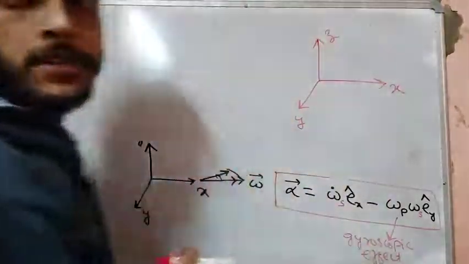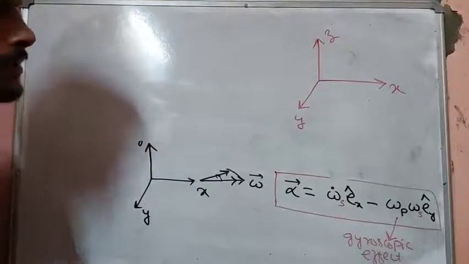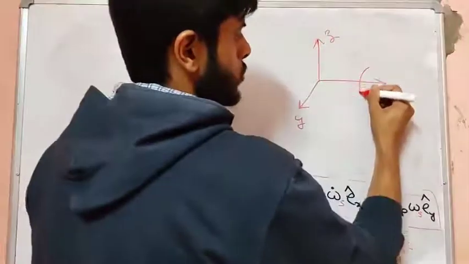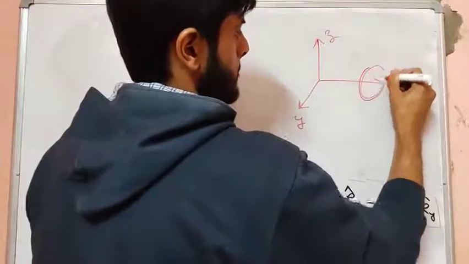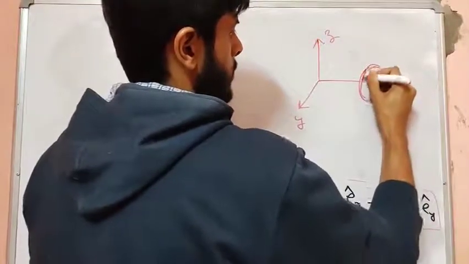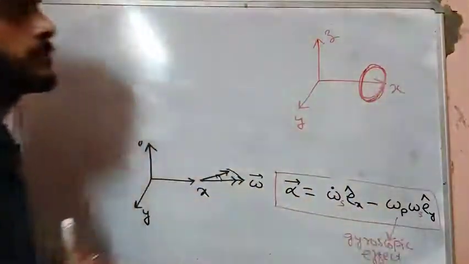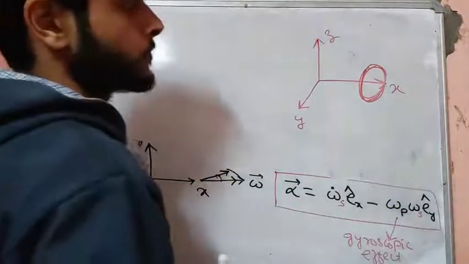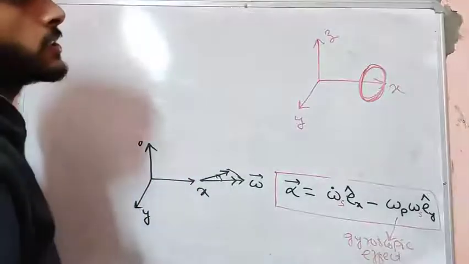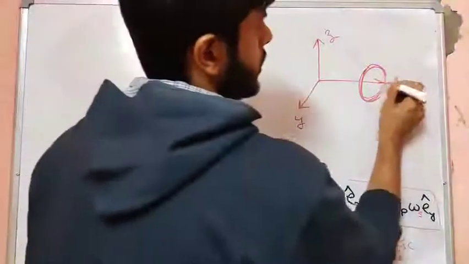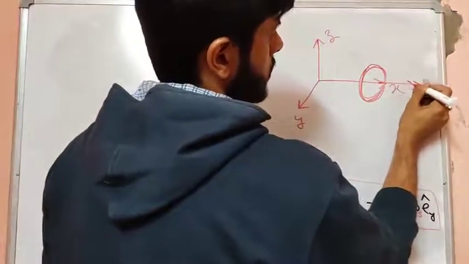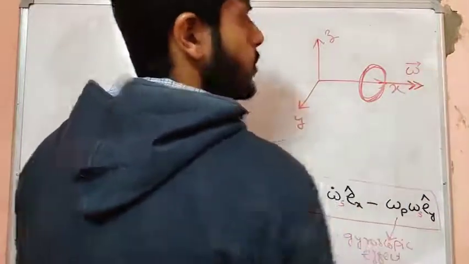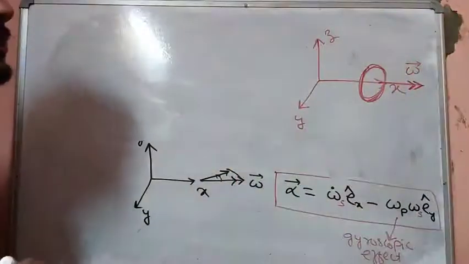Now let's say we have a rotor, a disc like this. This disc has an angular velocity along this direction.